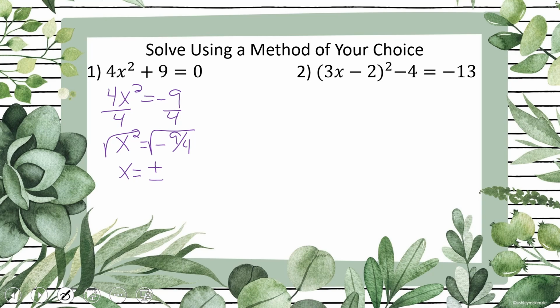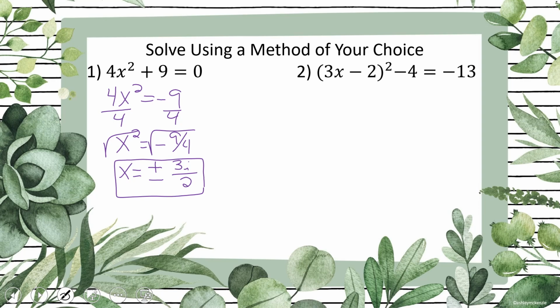And when you square root a fraction, I would always throw the negative up into the numerator, because the square root of a -9 is 3i, and the square root of 4 is 2. And that's going to be our final answer. We don't have i in the denominator, so we don't need to rationalize. So that's our answer. Positive 3i over 2 and negative 3i over 2.